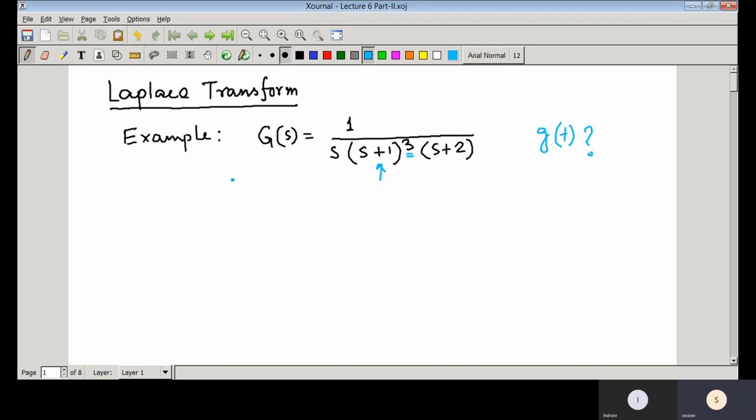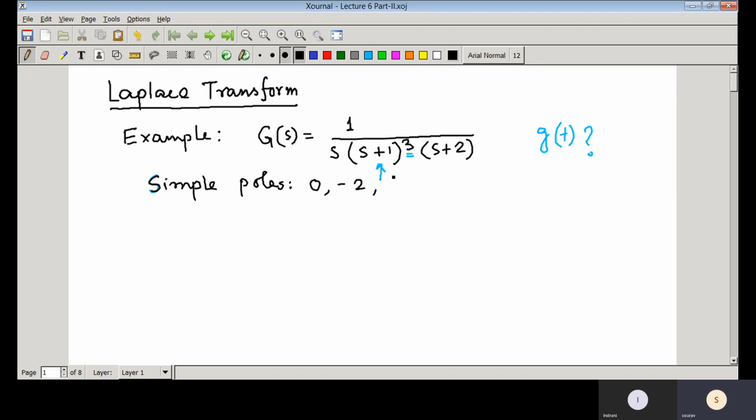So here in this particular problem, we have simple poles at 0 and -2.